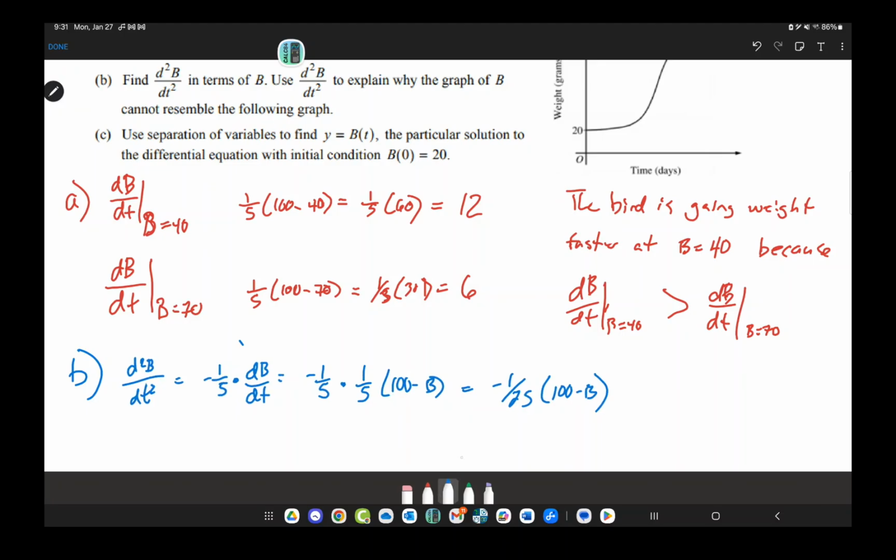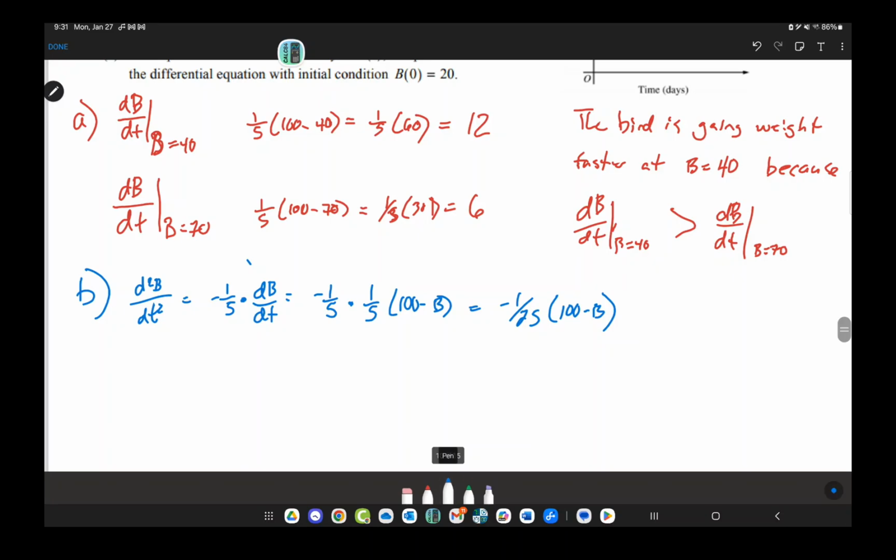So the answer is, since d squared B over dt squared is less than 0 when 20 ≤ B ≤ 100, the given graph should be concave down.